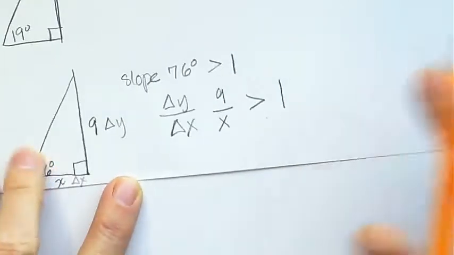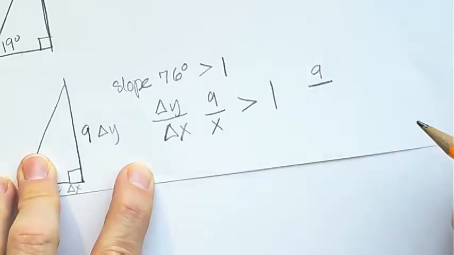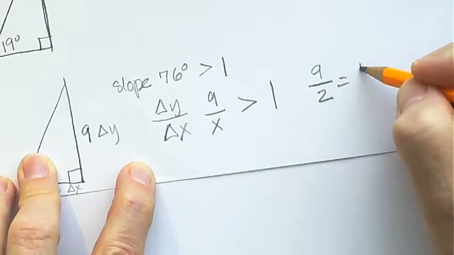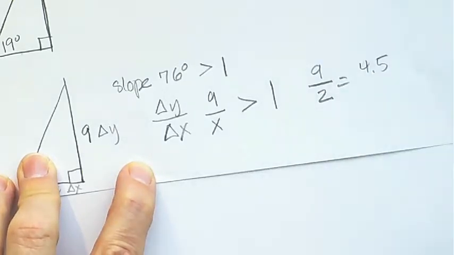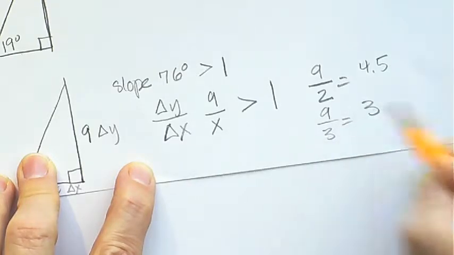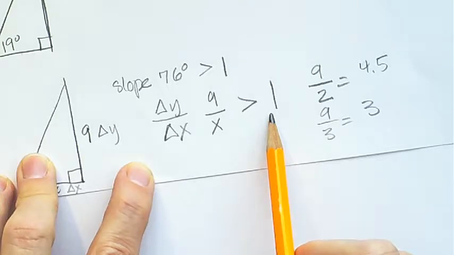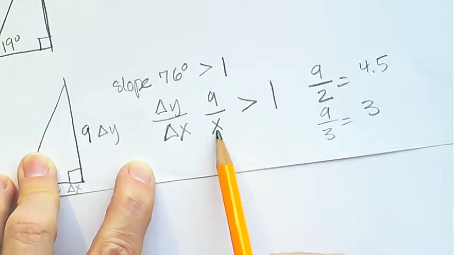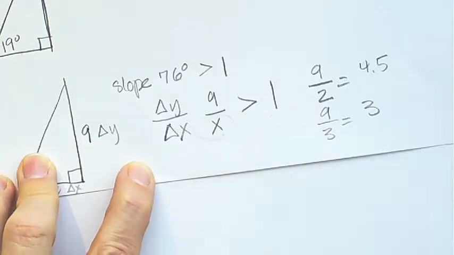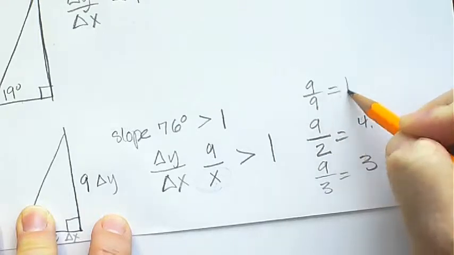If you did 9 divided by 2, that would be 4.5. Okay, if I did 9 divided by 3, that would be 3. So if I'm getting an answer that's greater than 1, then this denominator has to be, think about it, if you did 9 divided by 9, that would equal 1.